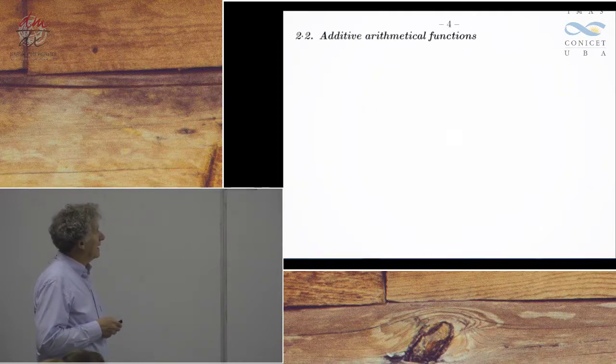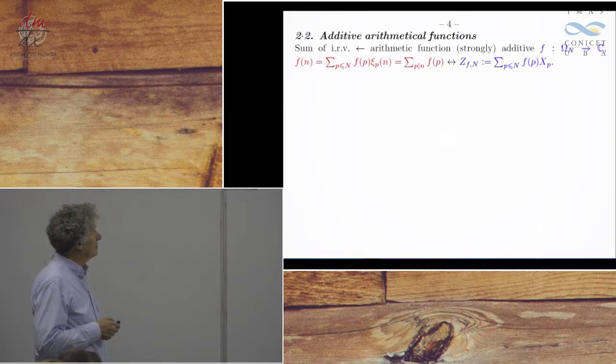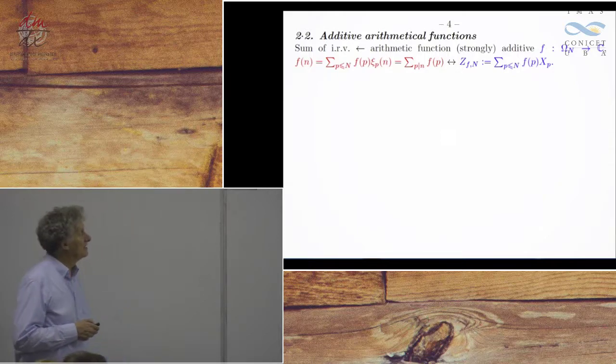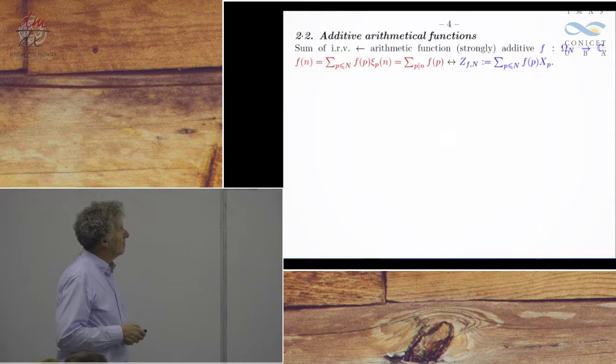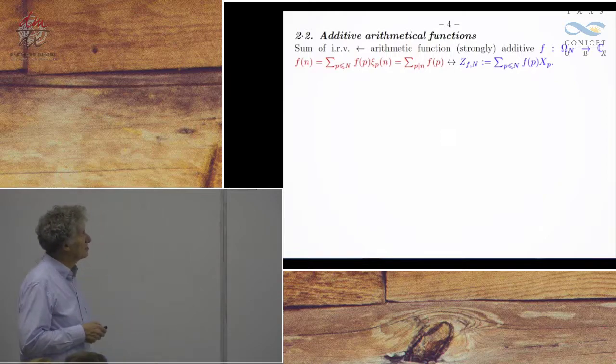Now, additive arithmetical functions. In this setting, a sum of independent random variables models an arithmetic function, strongly additive because, as I said, I ignore multiple prime powers. So we look at a function such that f of n is the sum of fp multiplied by xi p of n, which is also the sum over p dividing n of fp.